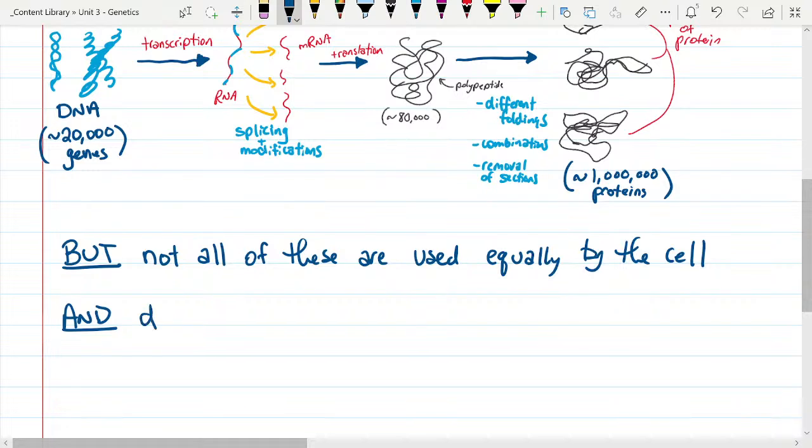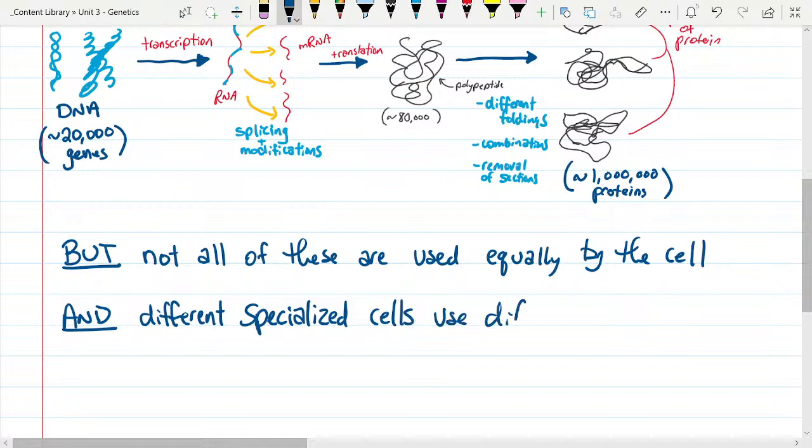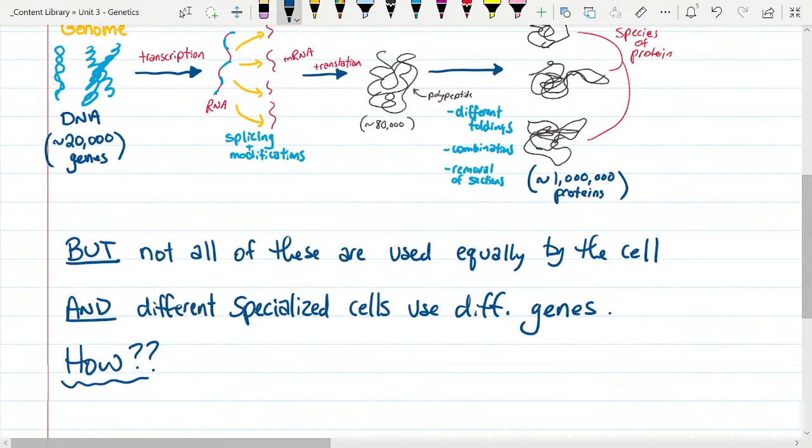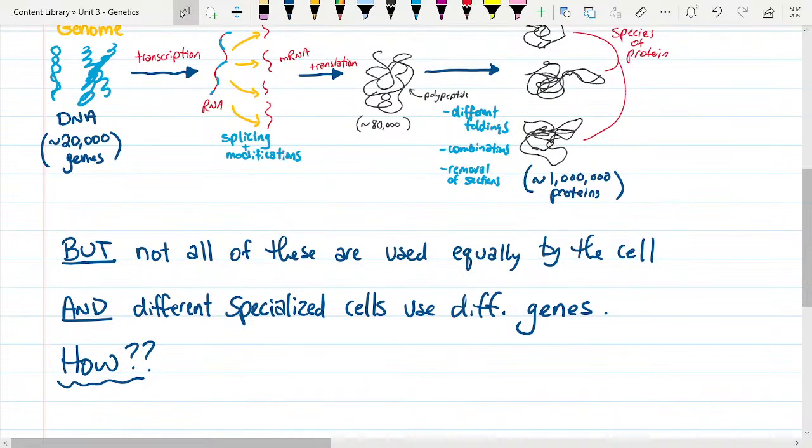And different cells have different functions. So the question, of course, is how? How is this controlled? So I'll give you a moment to write that, and then we'll talk about how it's controlled.